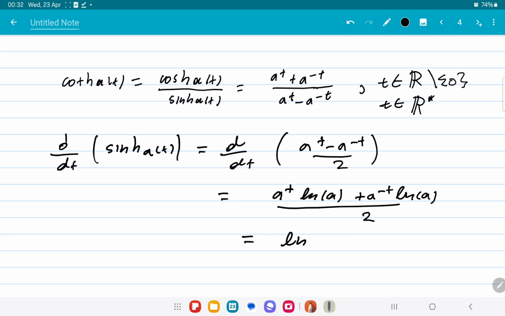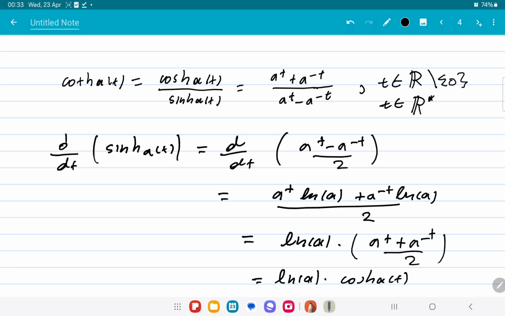So from here that's ln a times a to the power of t plus a to the power of minus t over 2, and that is ln a times cos hyperbolic of a t.